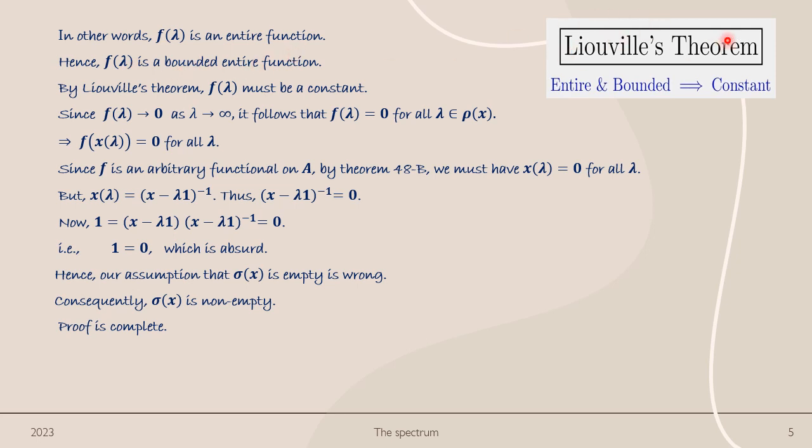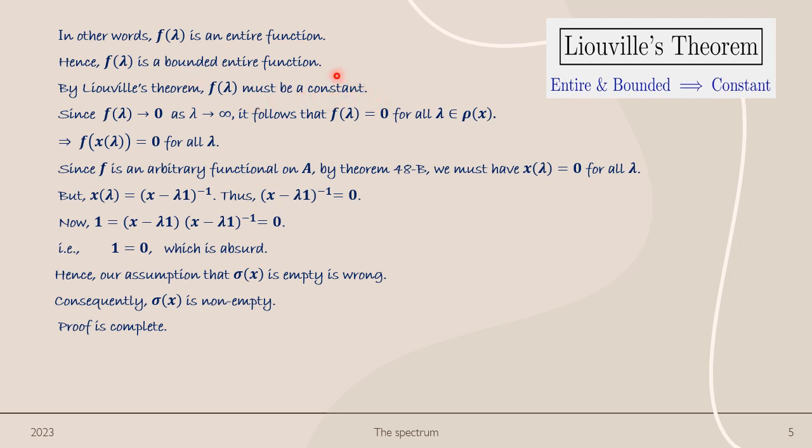But what does Liouville's theorem say? It is one of the important theorems of complex analysis, which states that if a complex function is entire, that is analytic everywhere, and bounded, then it will be a constant. Because f of lambda is an entire function as well as bounded, by Liouville's theorem f of lambda must reduce to a constant.